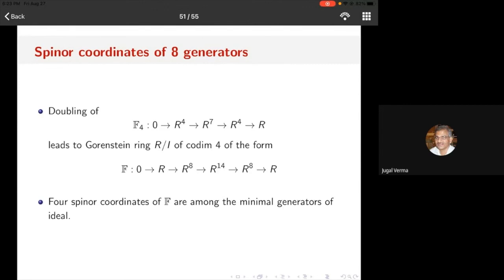In this case, it can be found that there are 4 minimal generators among the Spinor coordinates. So up to 8 generators, we have seen at least one Spinor coordinate is among the minimal generators of the ideal. One more thing is that the behavior of up to 8 generators and bigger numbers of generators is different.